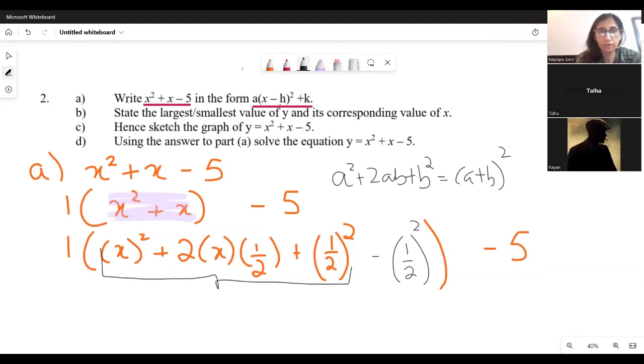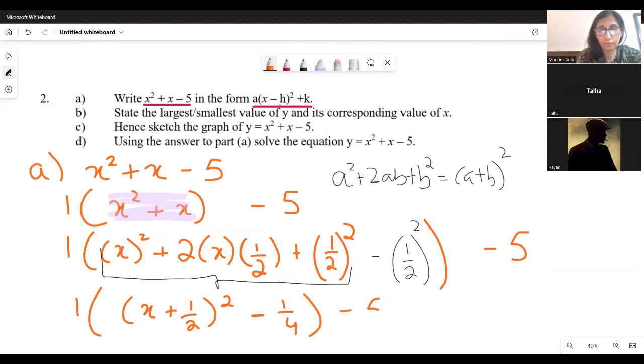So we have 1 times x plus half whole square, and outside you have minus 1/4 and then minus 5.